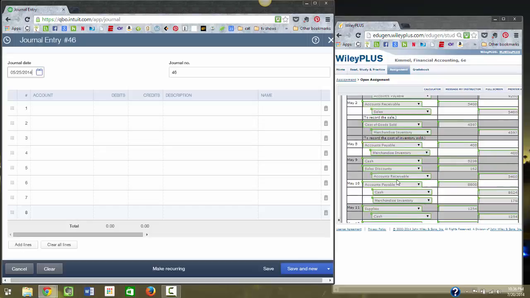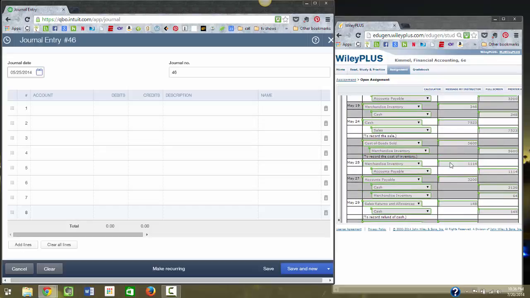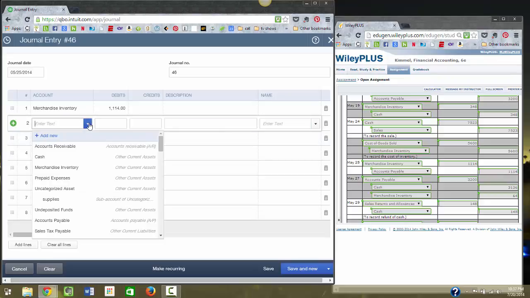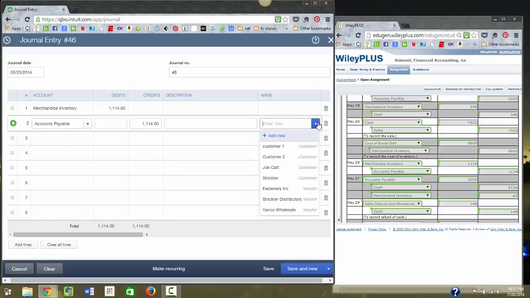All right, so we're going to do a merchandise inventory debit for $11.14, and credit accounts payable for $11.14. Okay, and it's an accounts payable, so we find Fasteners Inc. here. It's a vendor. Enter them in and make sure we've got the right date. We've got the right date, so we're good.